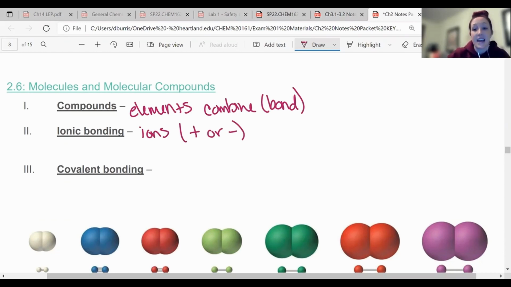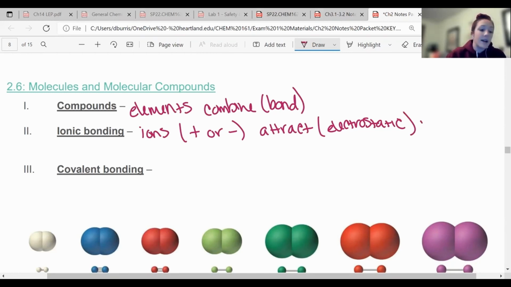That's called an electrostatic attraction. Anything with a positive and negative charge attracting is called an electrostatic attraction. So positive and negative ions attract each other.